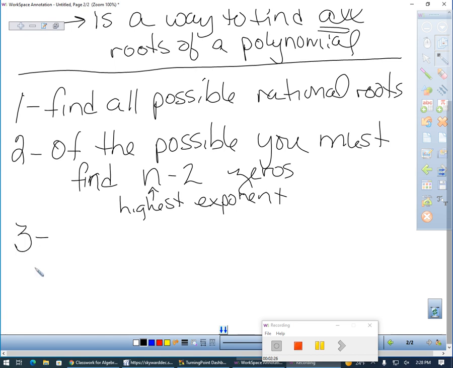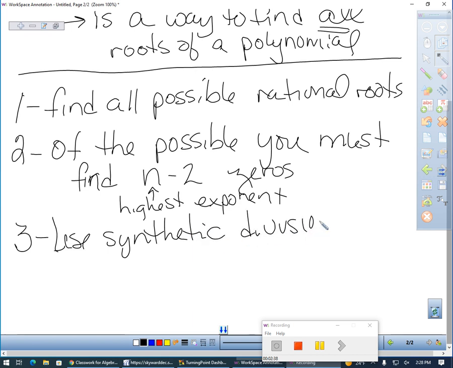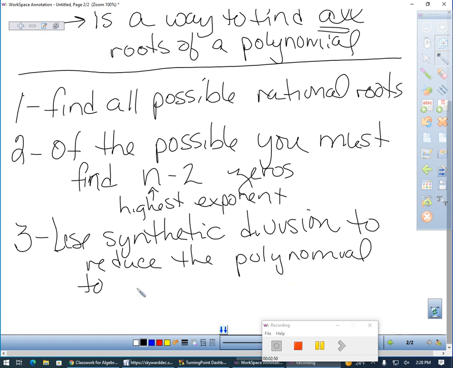All right, step 3. We are going to use synthetic division to reduce the polynomial to a quadratic.